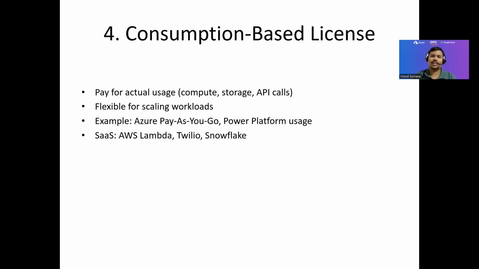So that's consumption based, pay as you go or on-demand capacity or licensing. Similarly, on SaaS platforms like AWS Lambda, Trello, and Snowflake, these are also providing consumption based licensing with their respective services, right?